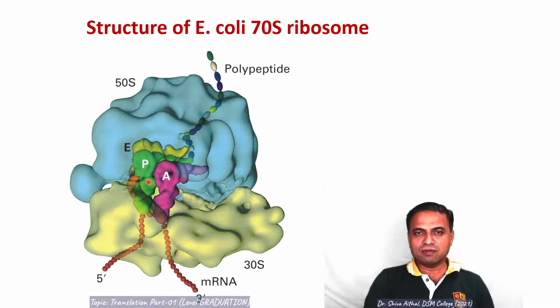You can visit there and see some beautiful animations. This whole process of translation is well understood if you see the animations. But first listen to my lecture and then go for the animations. So this is how the ribosome accommodates the tRNAs for the synthesis of the polypeptide chain.